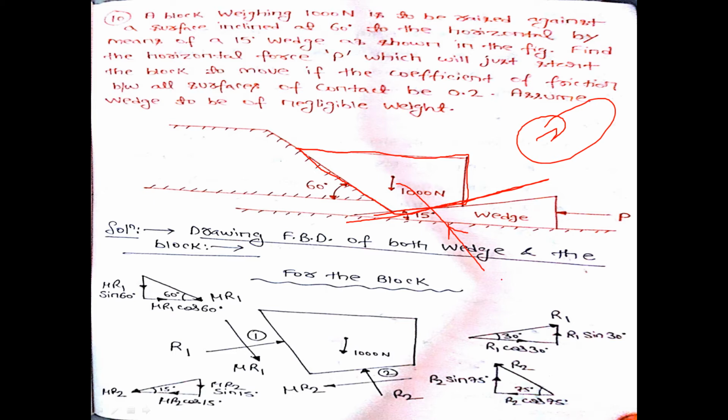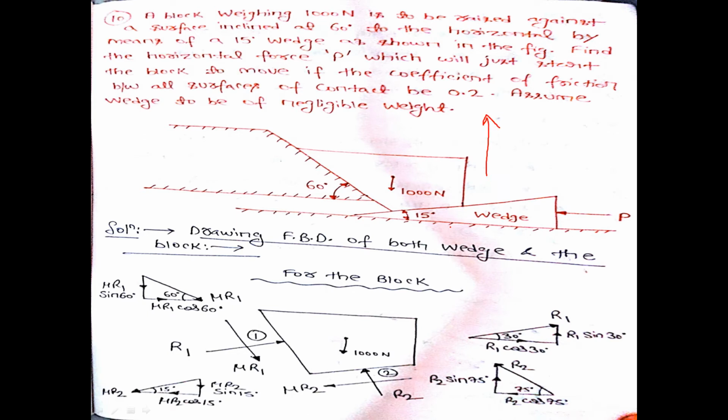And since the wedge is moving along this direction, so at the point of contact the frictional force will act along this direction, which is mu into R. Sorry, I'm talking about the block. So for this block, since the block is moving upward, that means along this surface the block is moving in this direction, so frictional force will be in this direction, which is mu into R2.